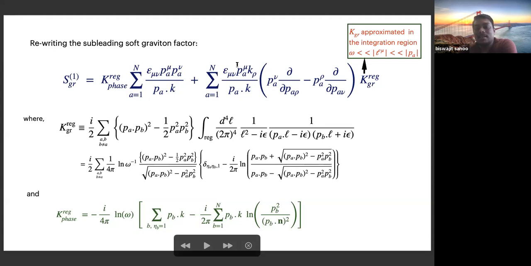Similarly, this is the tree level subleading soft factor operating on an eikonal factor, when the graviton is propagating from two finite energy particles, but now regulated in a range where the loop momentum is greater than omega and less than the energy of the finite energy particles. Then you can see the subleading soft factor can be written in this way in terms of the tree level soft factors.